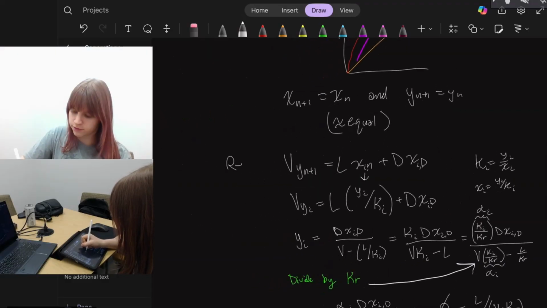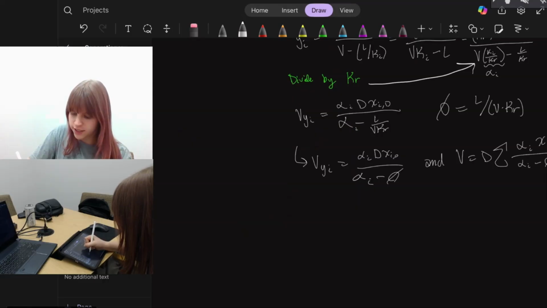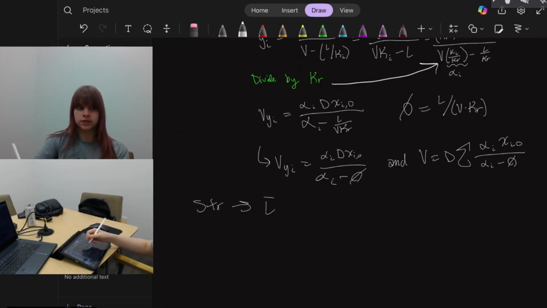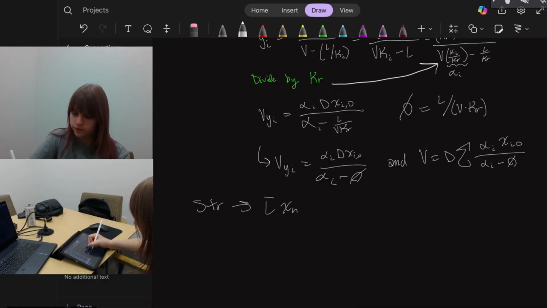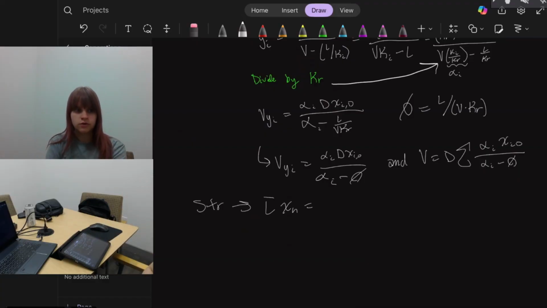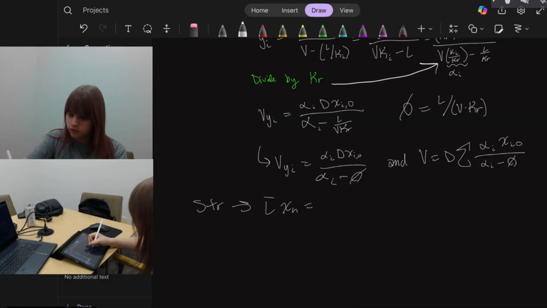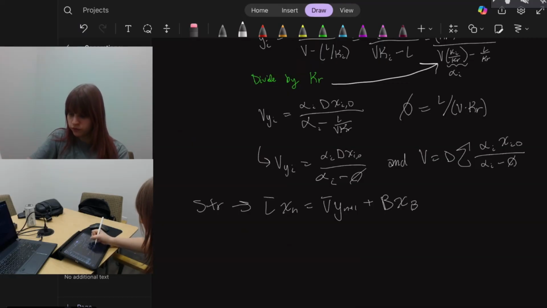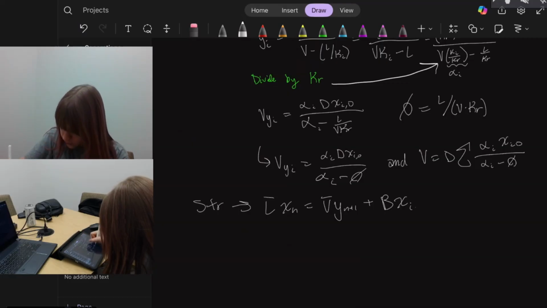This was from our rectifying section, and now we are taking something from the stripping section. We have the bars again, because remember those bars signify that we are in the stripping section rather than the rectifying section. So we have L bar times xn is equal to V bar times yn plus 1 plus the bottoms flow rate times the bottoms composition of component i.